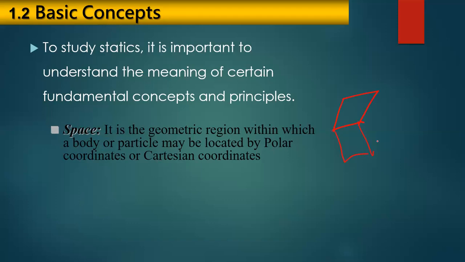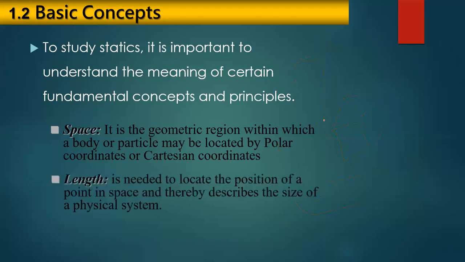Now the region in space, this space that you have, is where you can locate this object using Cartesian or polar coordinates. You can use the X or Y plane to locate this object. This region where the object is found is what we're calling the space.